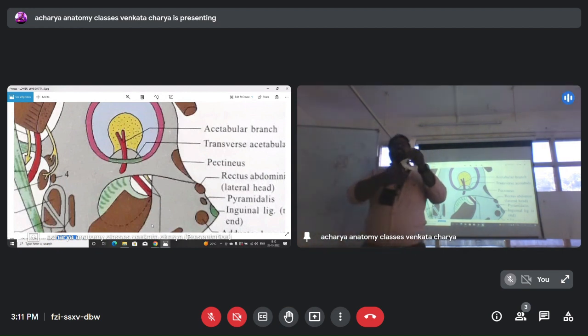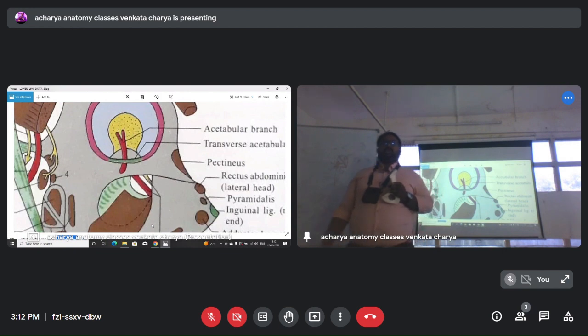Surfaces: external surface and internal surface. Borders: upper border and lower border.